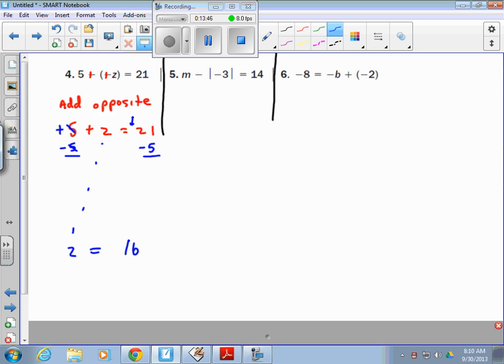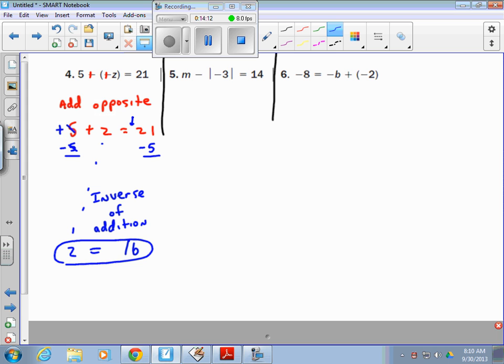So z remains as a positive 16. And that solution step right there is the inverse operation, inverse of addition, because 5 was positive. So the inverse of addition says to subtract 5 on both sides.